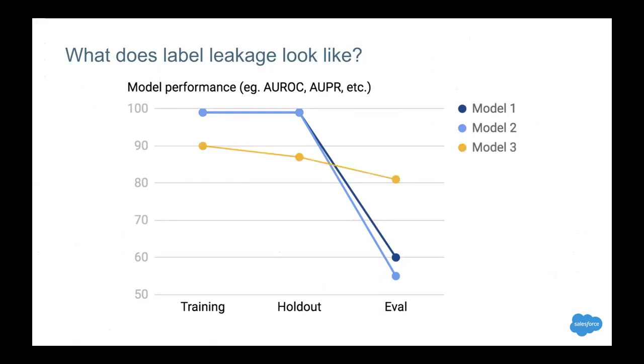When we apply our label leakage elimination techniques, TransmogrifAI models sometimes have worse performance on the training and holdout data sets. That's because we remove a lot of features that we detect as leakers. But then during the actual evaluation of the model, the quality jumps up significantly.